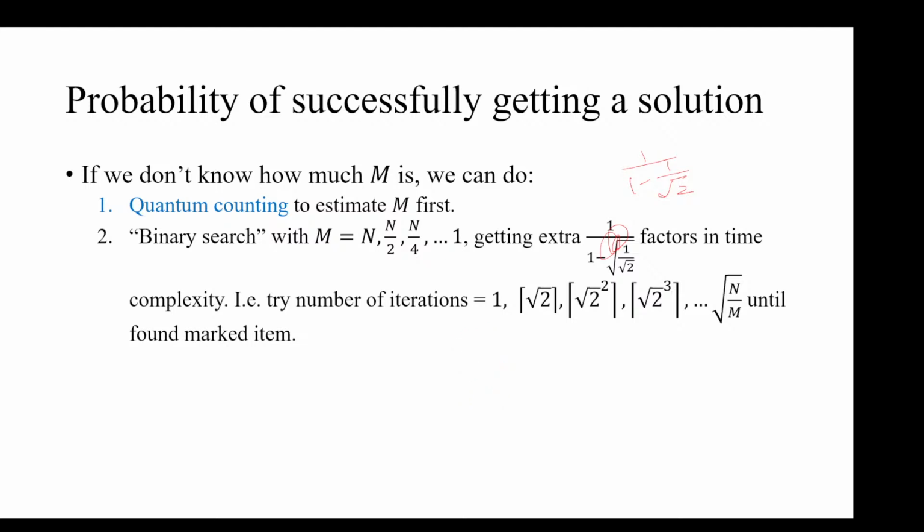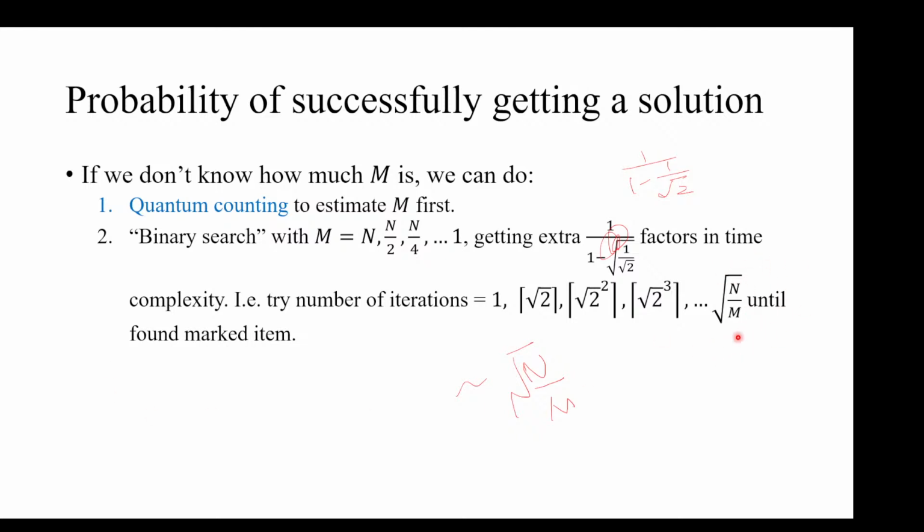The number of iterations you use is order square root n over m. So if your m is divided by 2, then the number of iterations you do grows by square root 2. And so you keep doing this, and the number of iterations you do will be growing by a factor of square root 2 each time, until you get to a number that's about order square root n over m, and here you should find your marked item, okay?